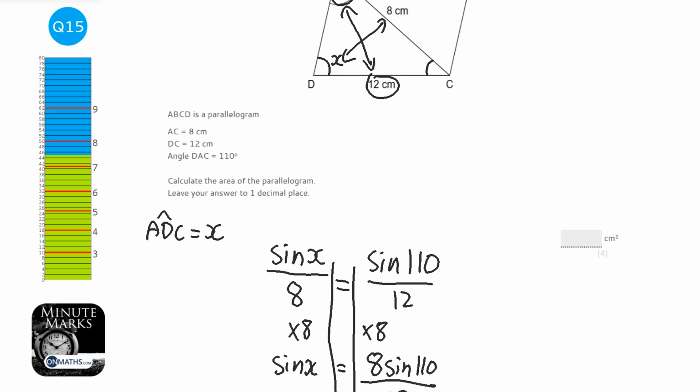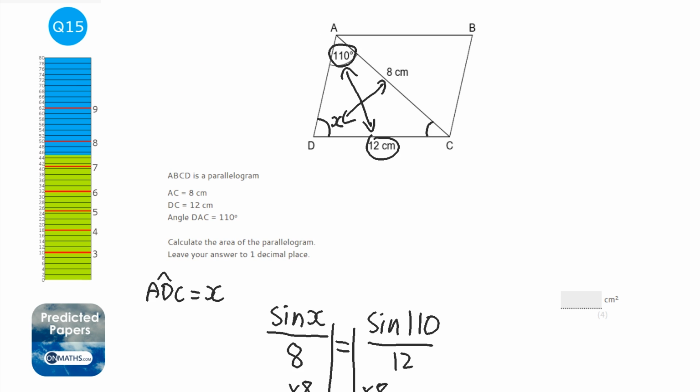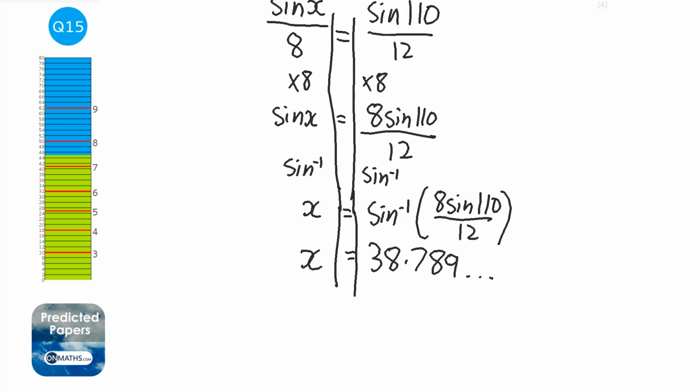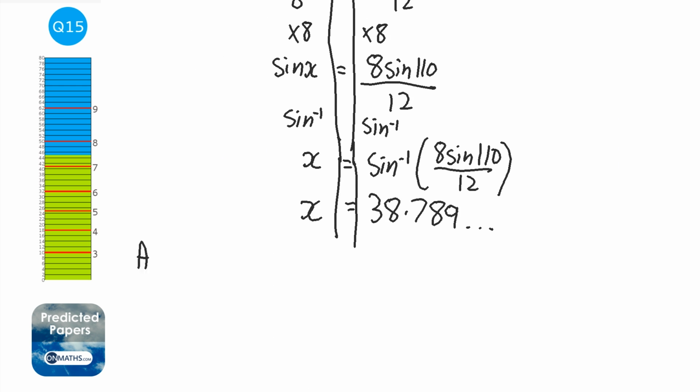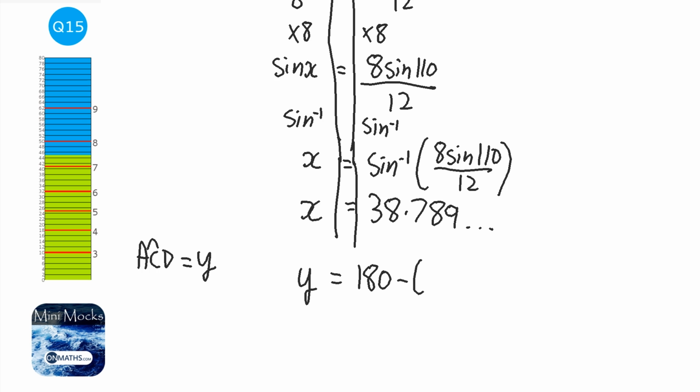Now I want to keep the accuracy if I can, so I'm going to keep that in my calculator. And then what I'm going to do is add that to the 110 to work out what this angle here is. And I'm going to call that Y. So what is this? ACD. So I'm going to tell the examiner that ACD I'm going to call as Y, just to make it a bit easier. So Y equals 180 take away 38.789 blah blah blah plus 110.